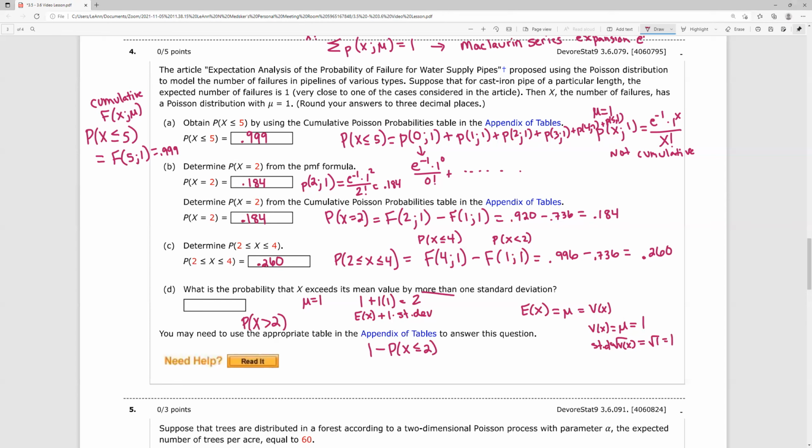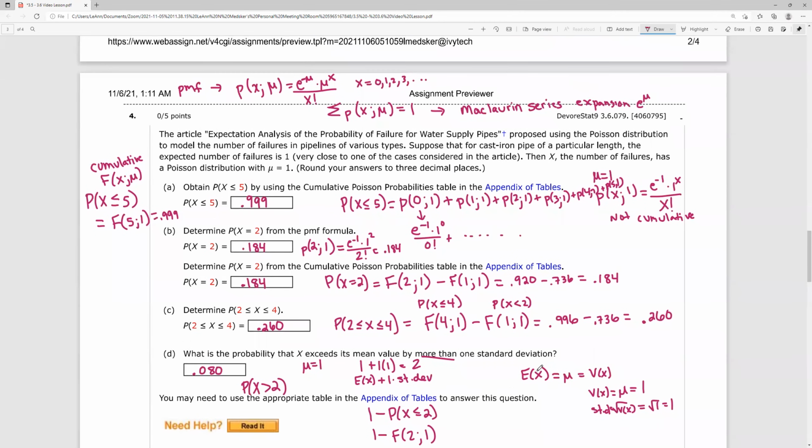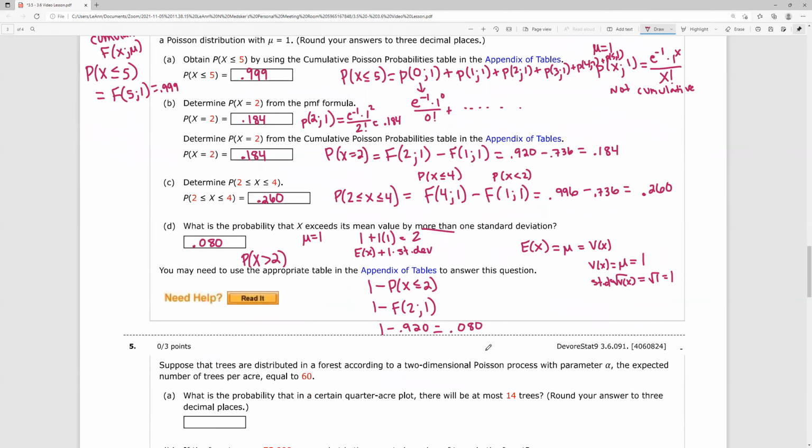If you look up 2 with a mean of 1 in your table of cumulative probabilities, that is 0.920. So if we subtract that, that would be 0.080. Okay. So Poisson distribution.